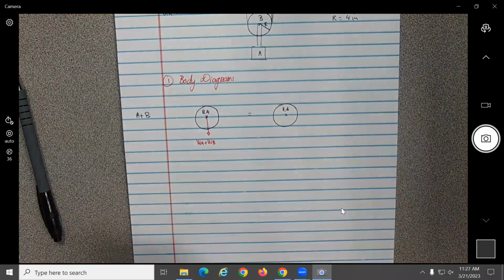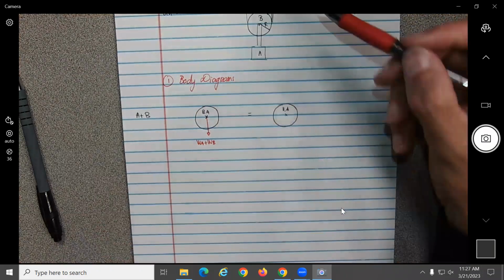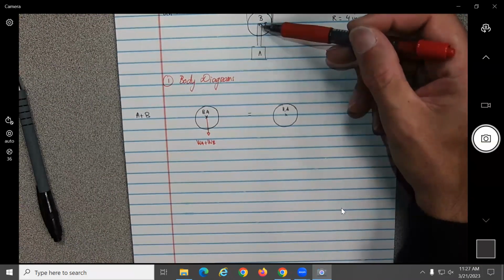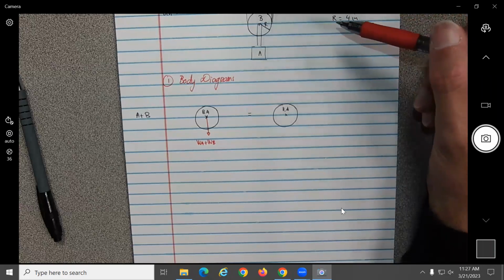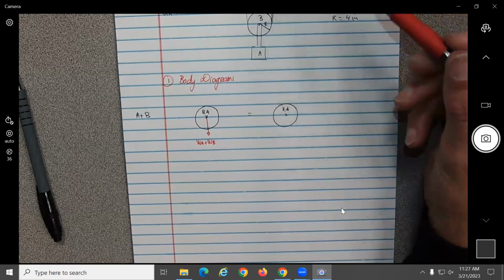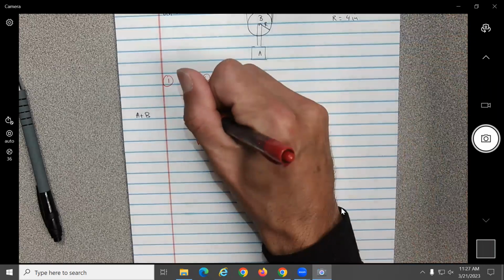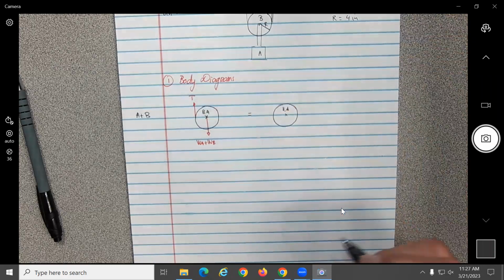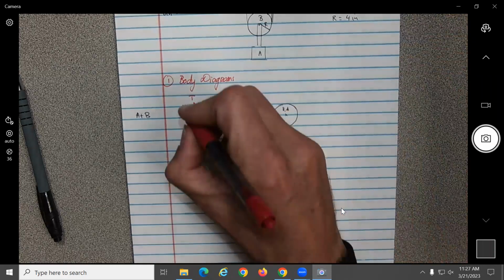The weight will be combined. Why? Because what will be the motion of A? Point A will have the same motion as point B, no? The only thing that is added is the weight, correct? Okay. So do we have other forces acting over here? Tension on the left and tension on the right.